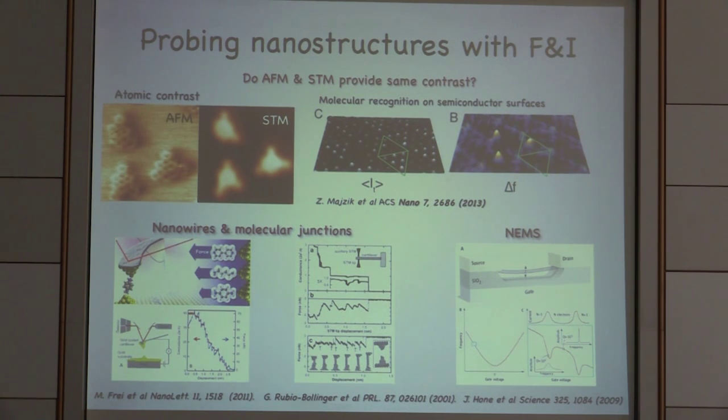The second challenge is that we recently want to understand forces which are induced by the current which goes through. So this is the ideal case where we measure simultaneously force and current as a function of the bias and the distance. And finally, we also have this electrical and mechanical system where we couple the electronic degree of freedom with some mechanical oscillations.